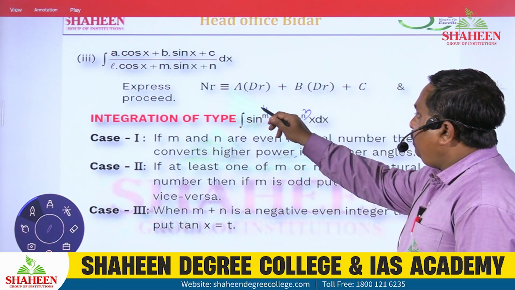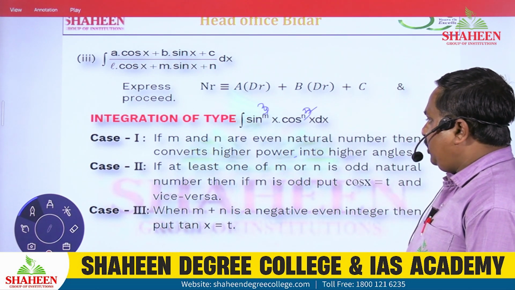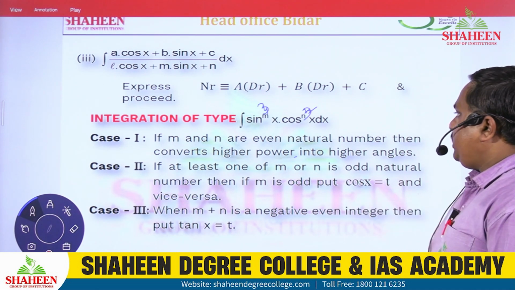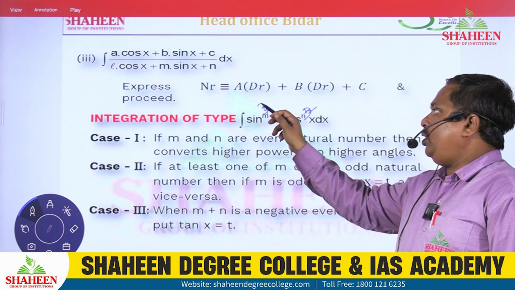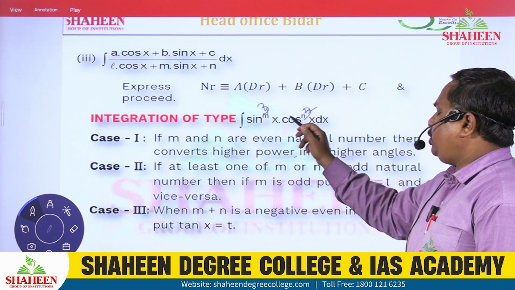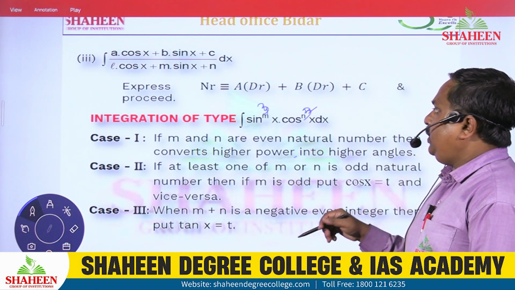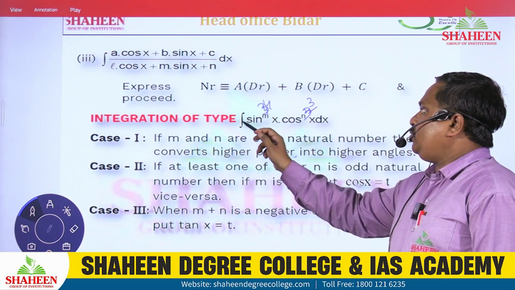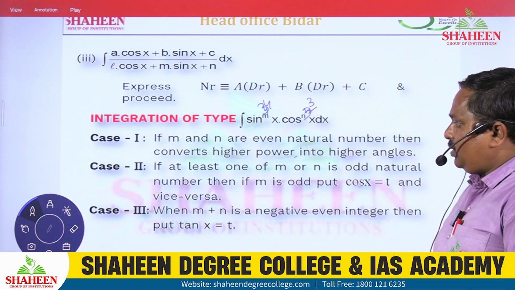If the power of sine is odd and the power of cosine is even, then we substitute cos x equal to t, and vice versa. It means if this power is even and this power is odd, then you put sin x equal to t.